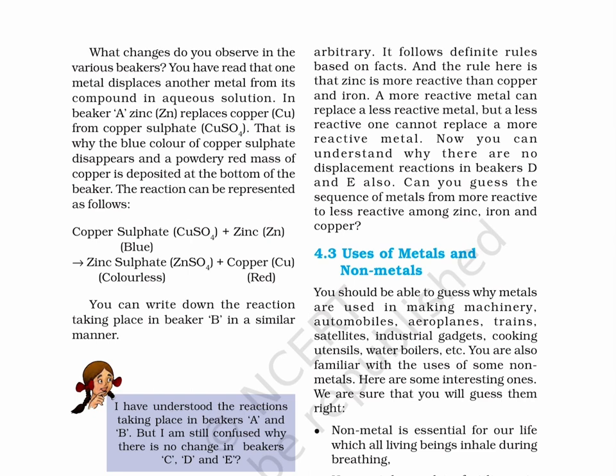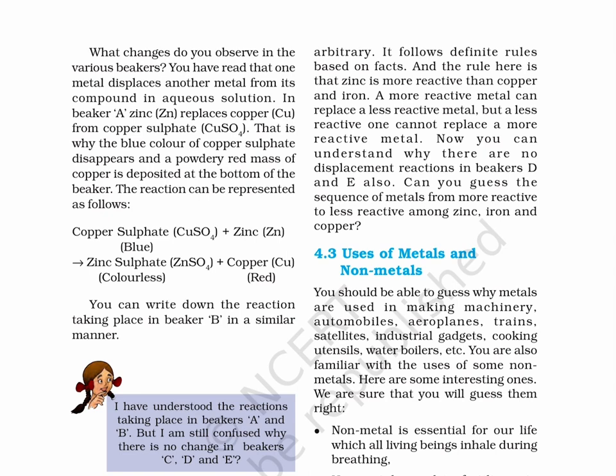You have read that one metal displaces another metal from its compound in aqueous solution. In beaker A, zinc Zn replaces copper Cu from copper sulfate CuSO4. That is why the blue color of copper sulfate disappears and a powdery red mass of copper is deposited at the bottom of the beaker.